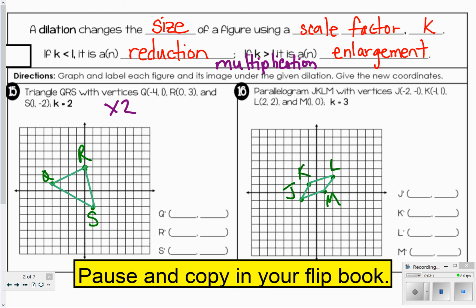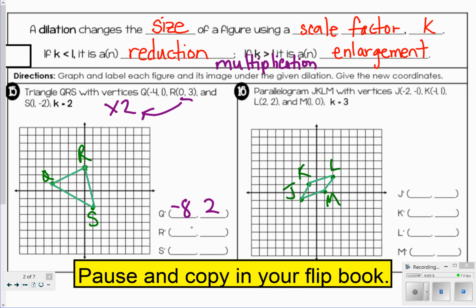So -4 times 2 is -8. I'm going to go ahead and write our new image points down, and then I will map it afterwards. And 2 times 1 is 2. So Q prime is going to be at -8, 2. R is 0, 3, and we're going to multiply that times 2.